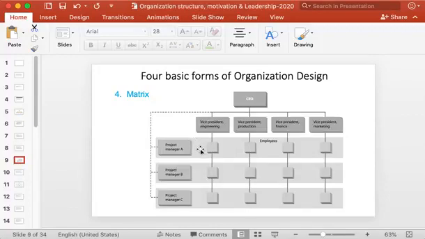So you can see the members under this engineering department can be a member of the engineering department as well as project A. Sometimes the same member may be a member of project B and project C also simultaneously.